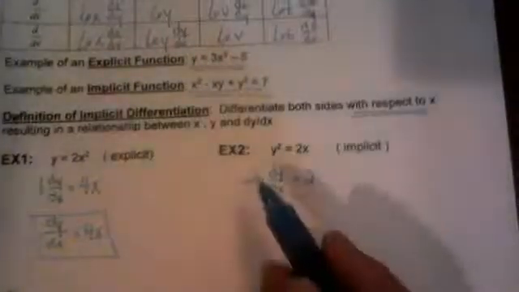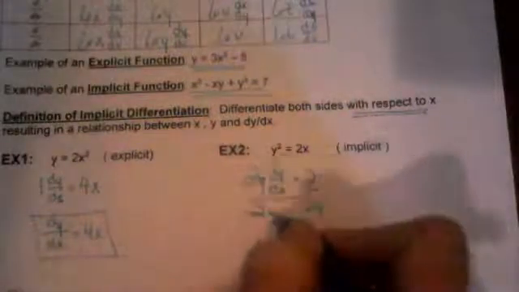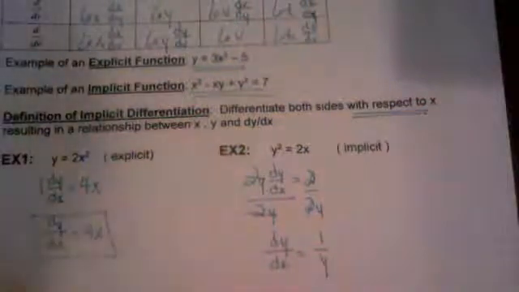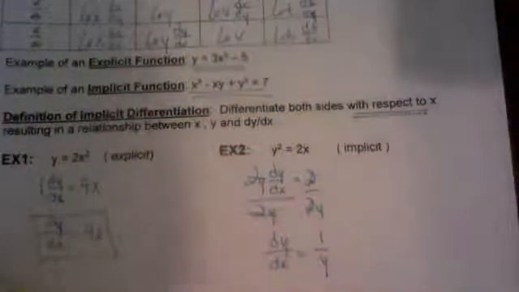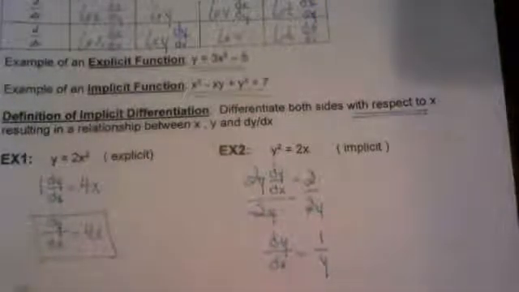And so in this one, to do that, I would need to divide both sides by 2y, move it over to the other side. So I would get dy dx equals, the 2's divide out, and I get 1 over y. So we are always going to solve for dy dx. We're going to solve for that derivative.